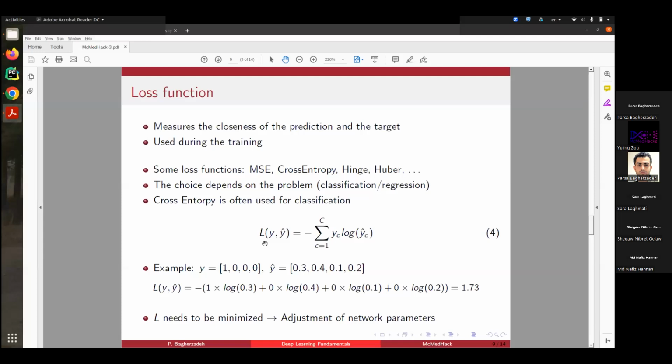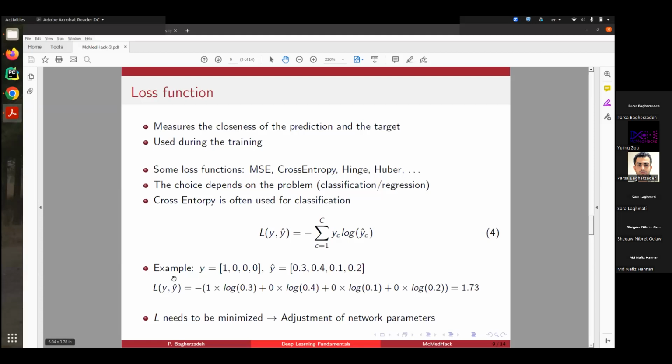Suppose we are denoting the loss value using this L, which measures the closeness of the target Y and the prediction Y hat. I'm showing my prediction by Y hat. And it is basically defined by this formula. So it is a summation on the predicted value for different classes.